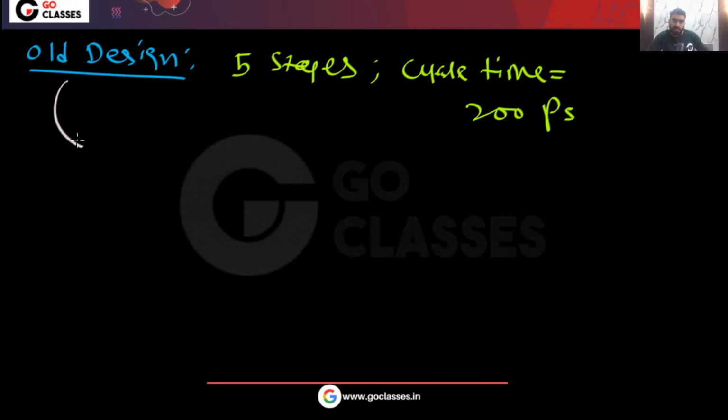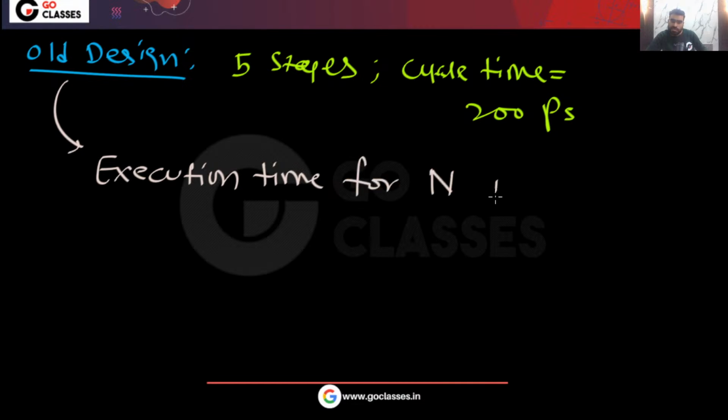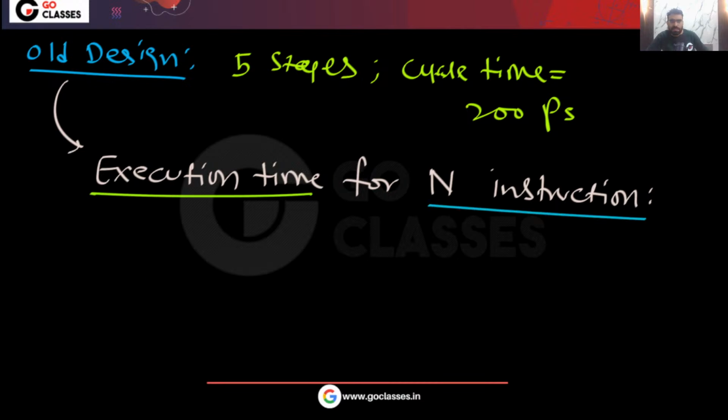What will be the execution time if you have a total of n instructions? You can easily see this is a pipeline.